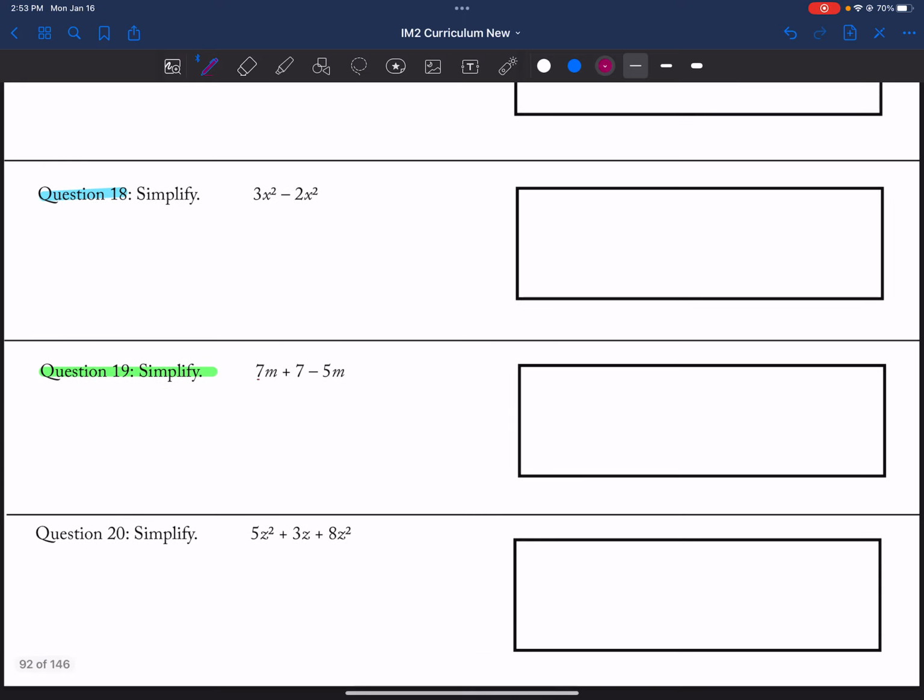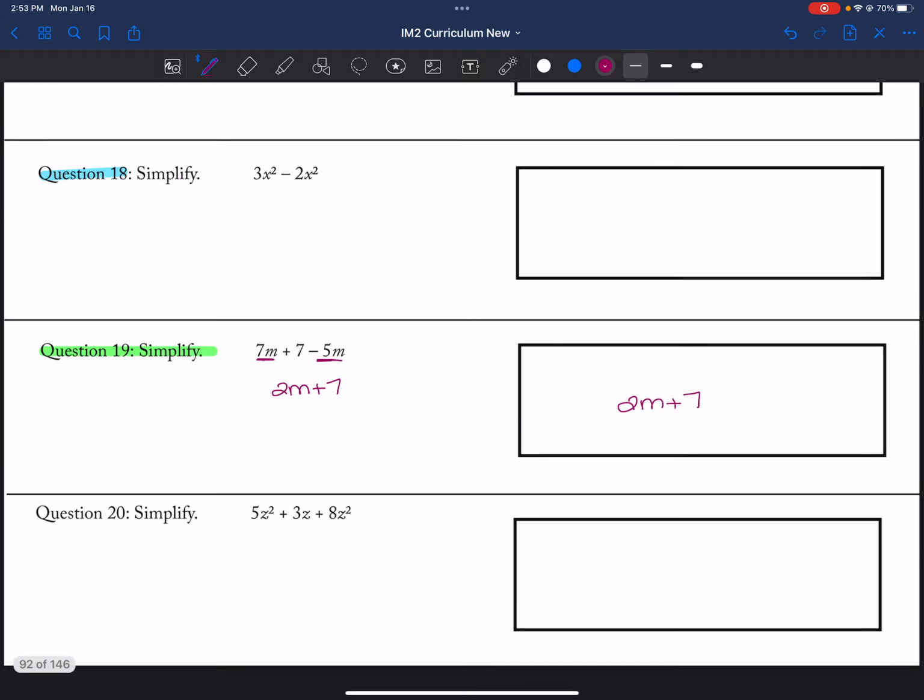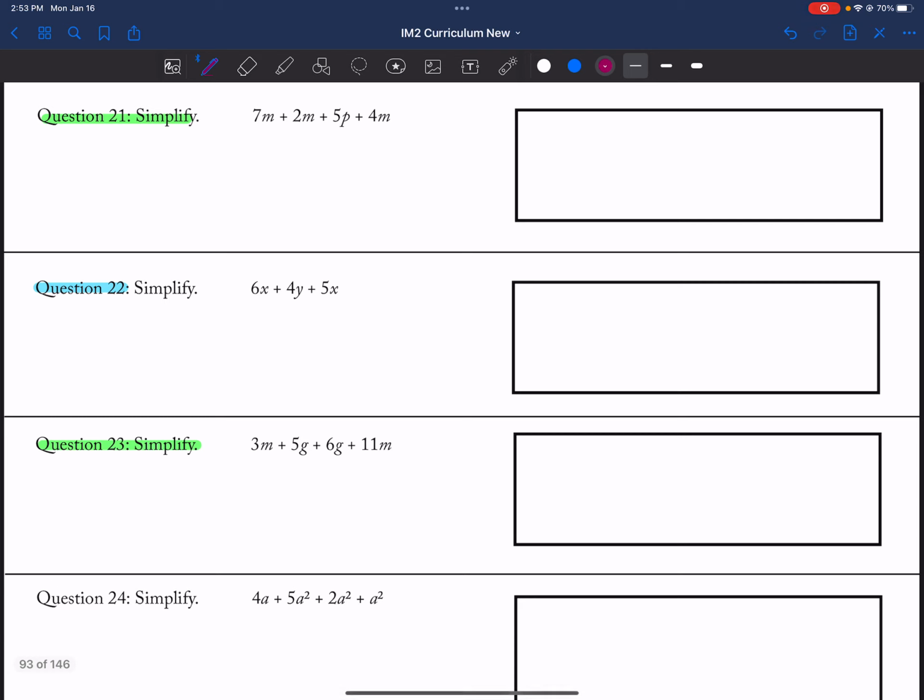Here, 7m, and then my negative 5m gives me 2m, and then plus 7, because the 7 does not have an m by it, so we cannot combine it. So 2m plus 7. And then the next one here, I have 7m, 2m gives me 9m, plus another 4m gives me 13m, and then nobody can be combined with my 5p.